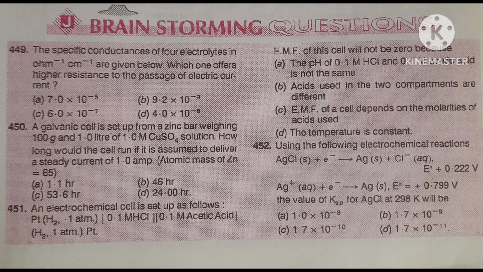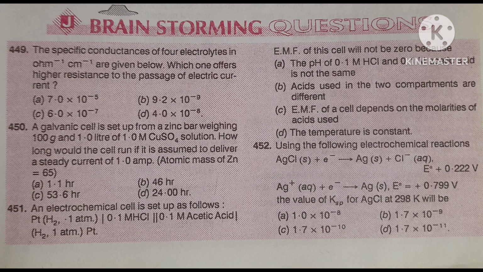EMF of this cell will not be zero because, 4 options are given. First option is the pH of 0.1 m HCl and 0.1 m acetic acid is not the same.